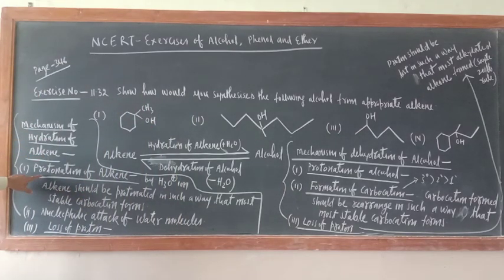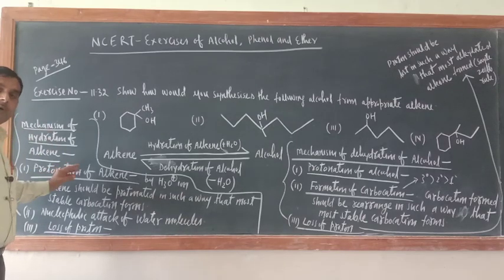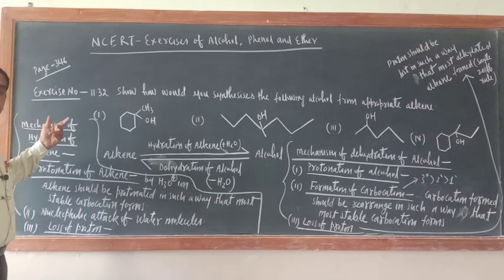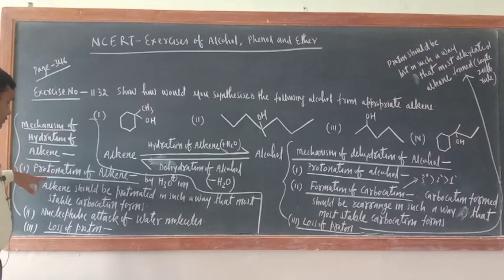Second one is the mechanism of hydration of alkene. In the mechanism of hydration of alkene, the first step is common, protonation of alkene. Here the first step should be taken care of. If it is a 1 degree alkene, then no problem. But in the NCERT book they have given the mechanism of a simple alkene, CH2 double bond CH2. Suppose it is a bigger alkene, meaning a 2 degree or 3 degree alkene, then you should take care.